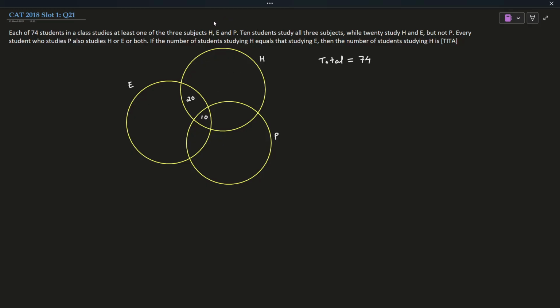I will do one thing, guys. I will change the color of the circles so that it becomes easier to visualize the regions.